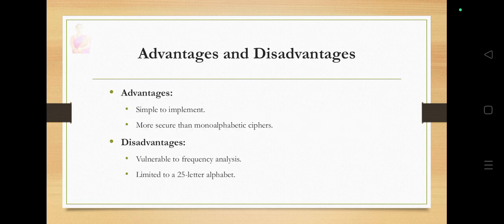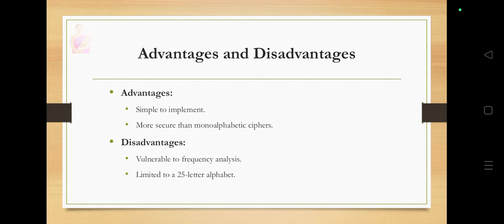So now let's see some of the advantages and disadvantages. It is very simple to implement, and also more accurate than the monoalphabetic cipher, since we are using a polyalphabetic cipher. But what is the drawback of this Playfair cipher?